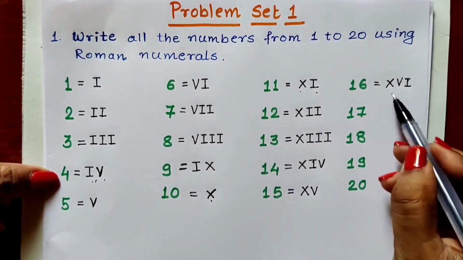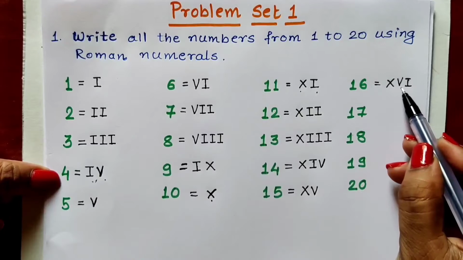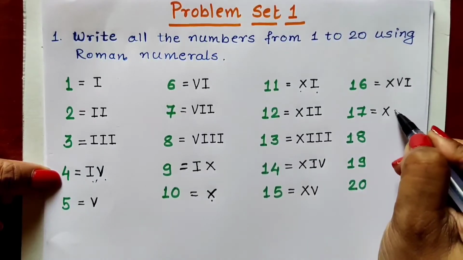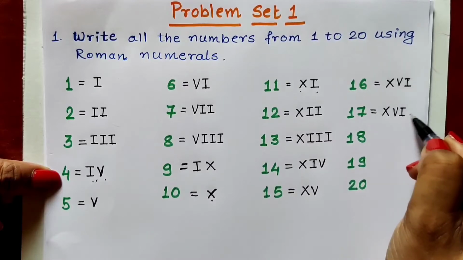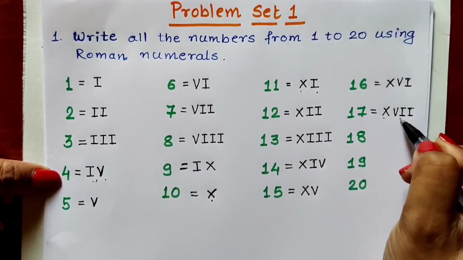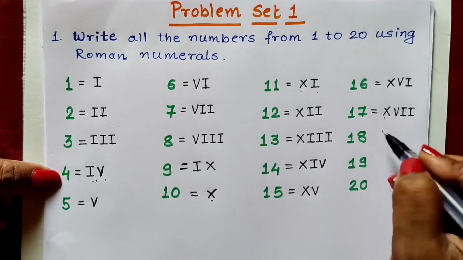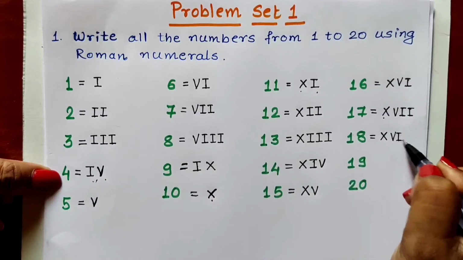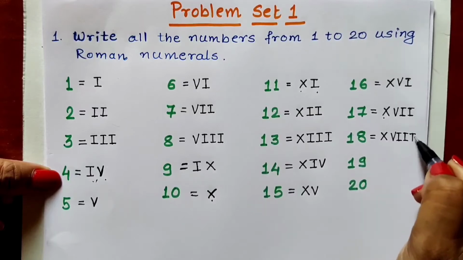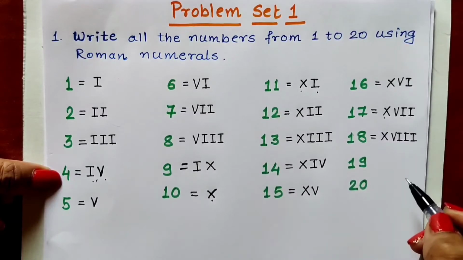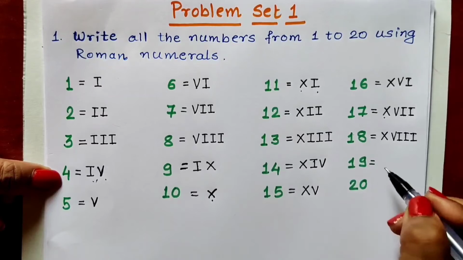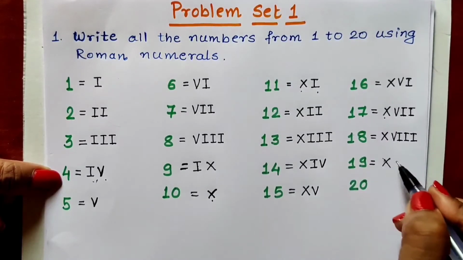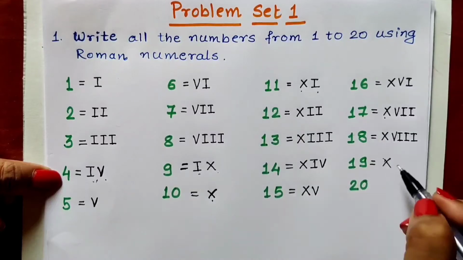VI. 10 plus 6. 10 is X. XVI means 16. 17, XVII. 10 plus 7, 17. 18 means XVIII. 10 plus 8, 18. 19, how to think? 10 plus 9. 10 is X and 9 means IX.